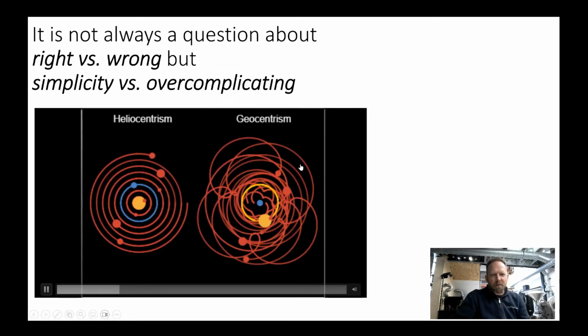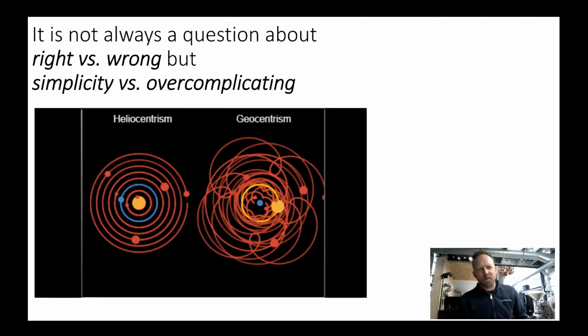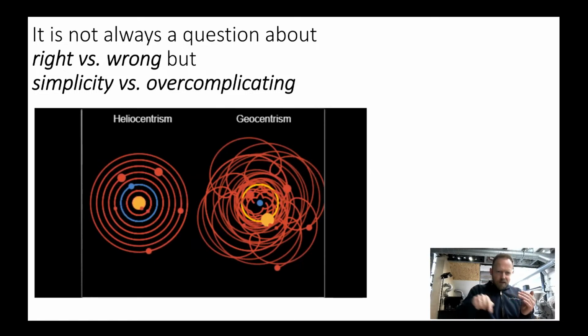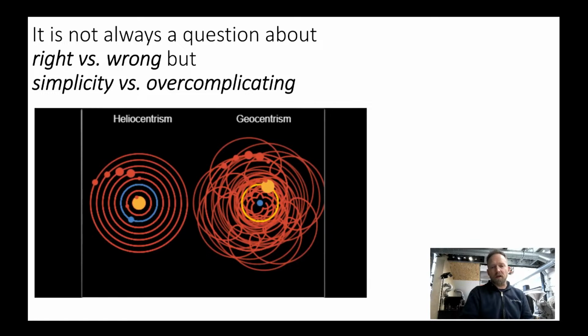You can see here an example with the solar system. You can assume that the sun is in the center, in which case you get some really nice circles to explain the solar system with. But you could also assume that the Earth is in the center. That was the first assumption in astrology or astronomy.